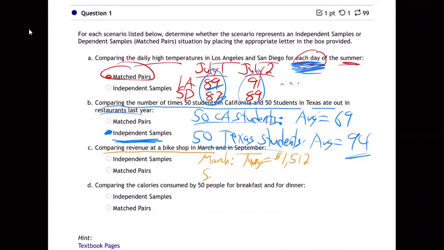And in September, maybe their average is a little higher, whatever, 72. So that's independent, huh? Everybody see that? Even though it's the same bike shop, it's not matched pairs in any way, right? They're not matching day by day or person by person in any way.